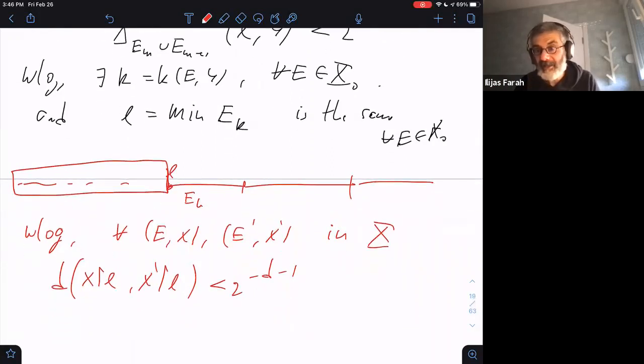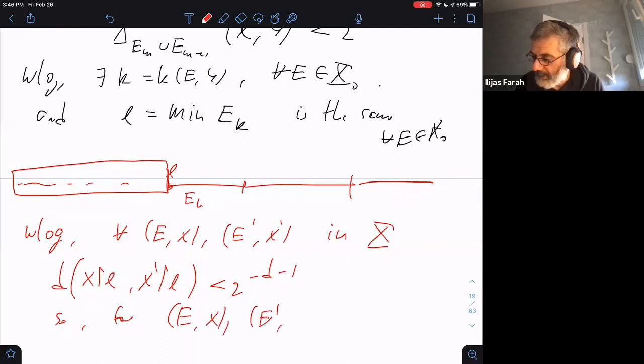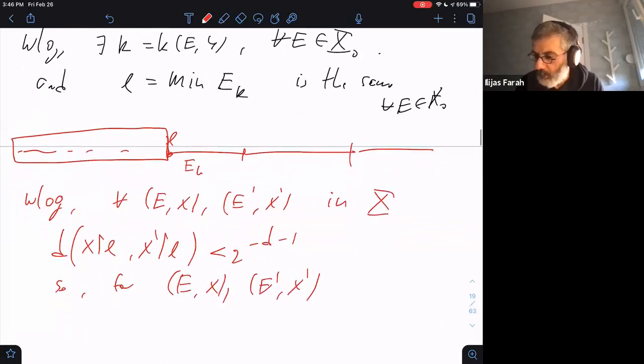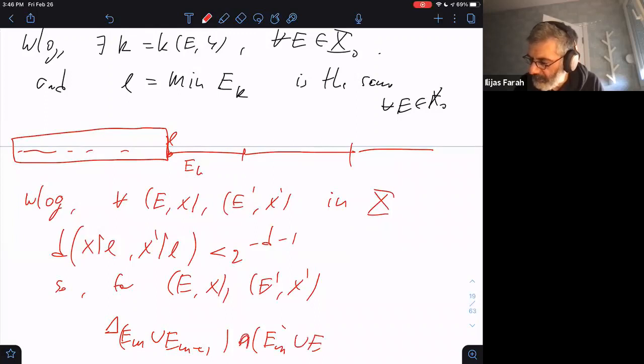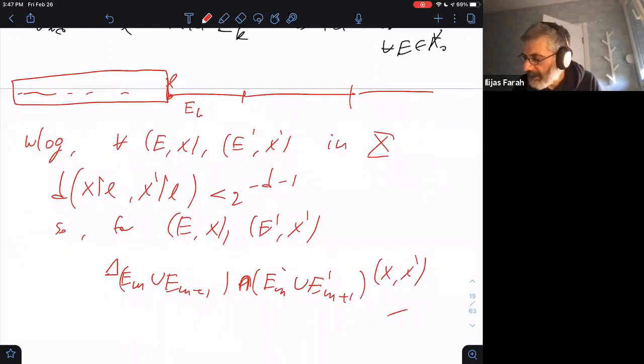But by the triangle inequality, for E x and E prime x prime, what we have is that delta of EM union EM plus 1 union EM prime intersection EM prime plus 1 of x prime will be less than 2 to the minus d, right?